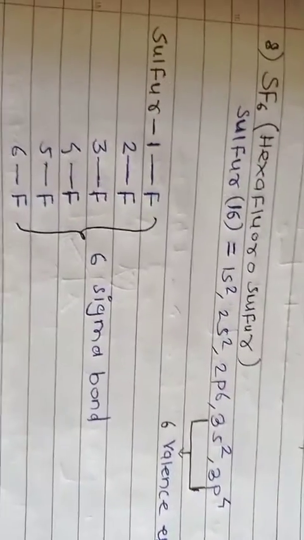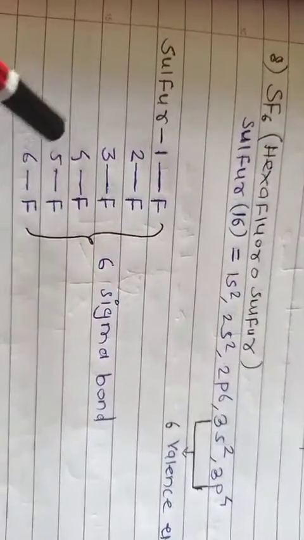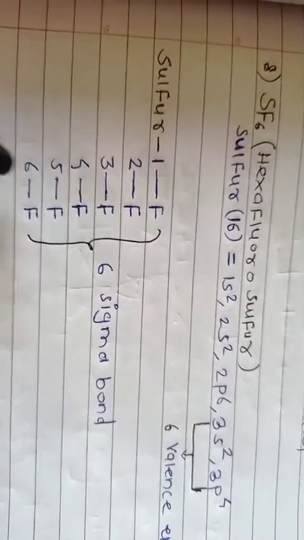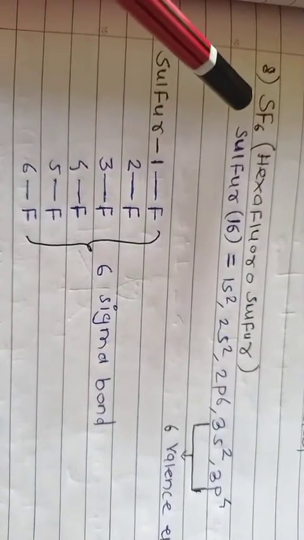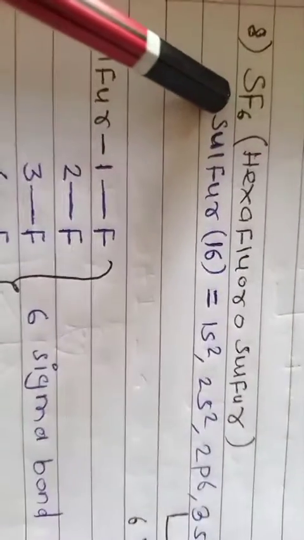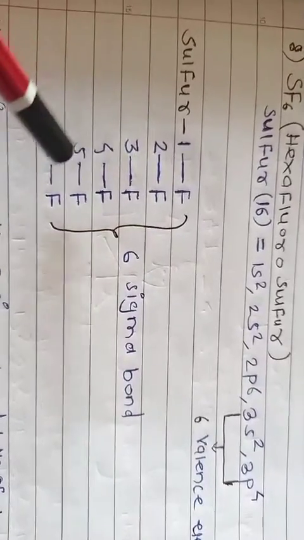Now we know sulfur has 6 valence electrons, 1 2 3 4 5 6. In hexafluorosulfur there are a total of 6 fluorine atoms, and those 6 fluorine atoms combine with our 6 valence electrons, 1 2 3 4 5 6.